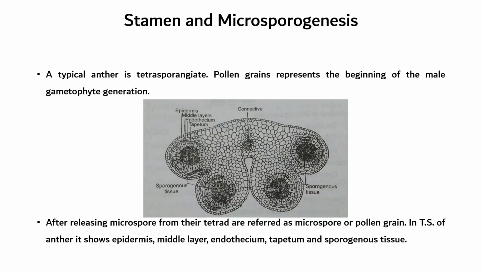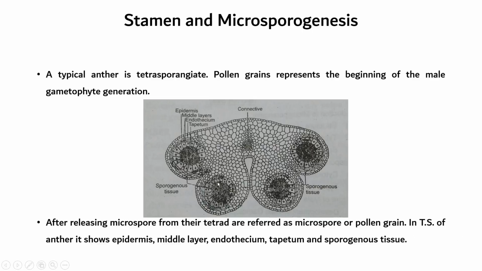That's why it acts as the nutritive tissue, which is released to the developing pollen grains. In a mature anther, it appears as a loose layer surrounding the sporogenous tissue. After release of microspores from their tetrad, they are referred to as microspores or pollen grains.